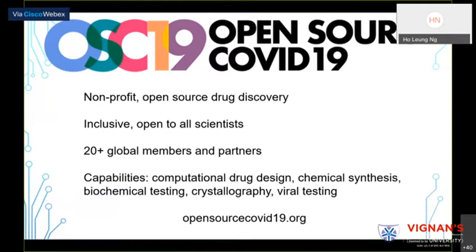This is a group dedicated to nonprofit open source drug discovery, meaning that we will not have patents, and we will share research data openly to promote drug discovery, and especially to promote affordable drug discovery that can be accessible to a global population. Our group is inclusive. We're open to all scientists that have a background that is relevant to this kind of research. If you're interested, please contact me.